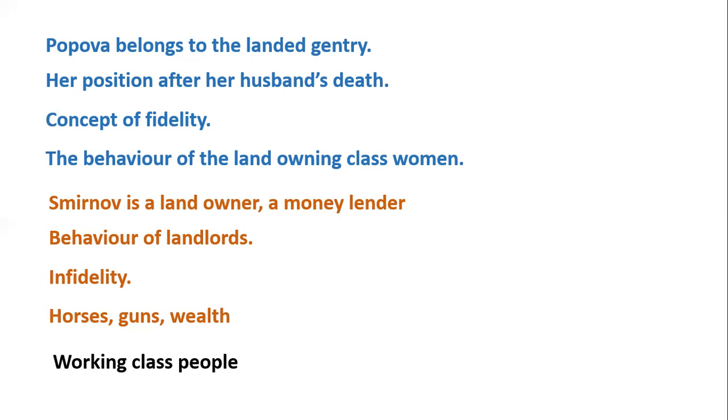And there we see a business transaction, because Nikolai used to buy oats. We know Smirnov is a landowner, a retired lieutenant of the army, and he is a businessman too. There the playwright brings what? A reflection of change from the old order into the new. In other words, feudalism to capitalism.